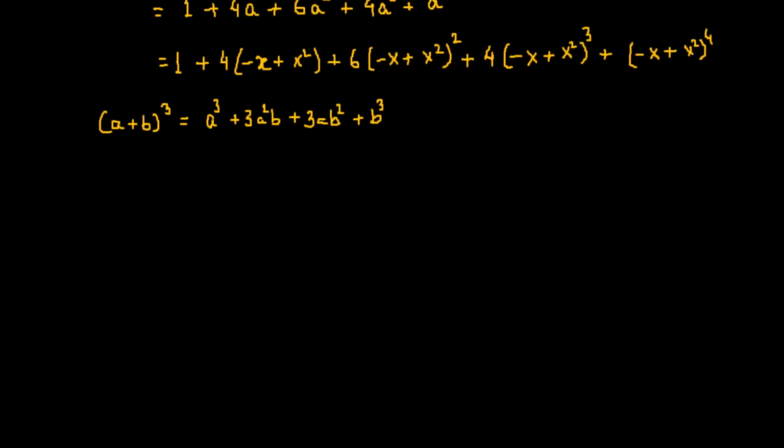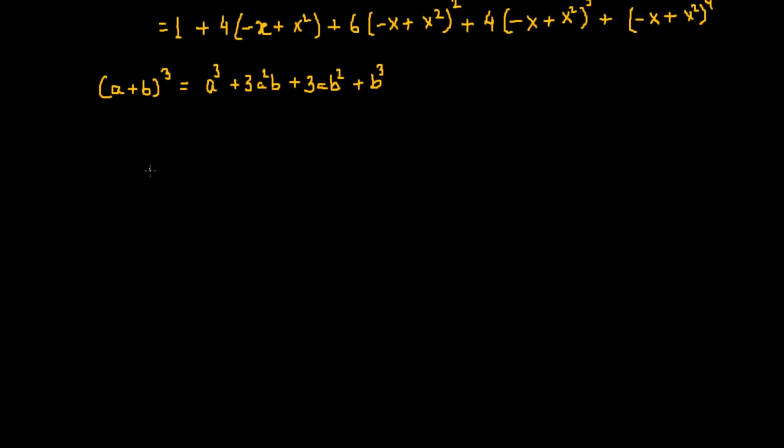Okay, let's do it. So we have 1. We're going to distribute 4, so we get negative 4x plus 4x squared, plus 6 times. We're going to use the identity a plus b whole squared. So this would give us x squared minus 2x times x squared is x cubed plus x squared whole squared is x raised to the power 4.